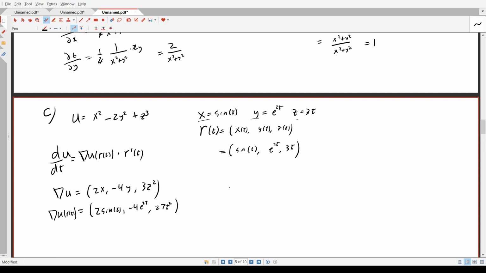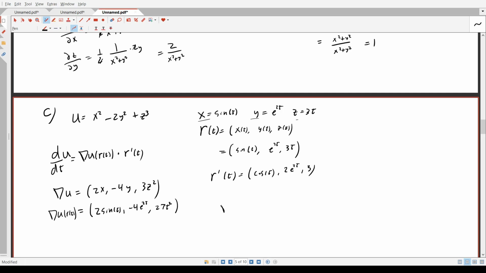So then finally, grad u dot, oh, not quite. So now we want r prime. What is r prime? R prime of t is cosine of t, 2e to the 2t, and 3.